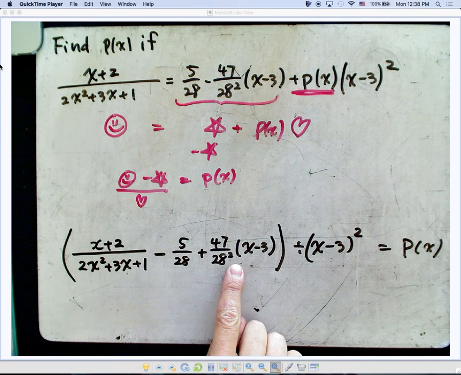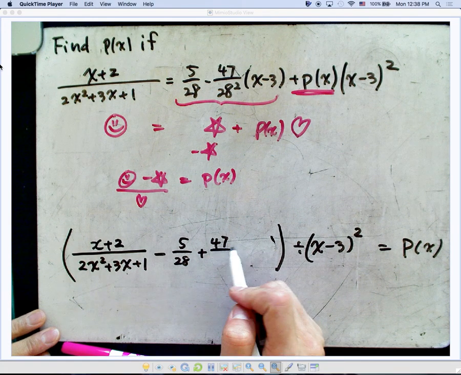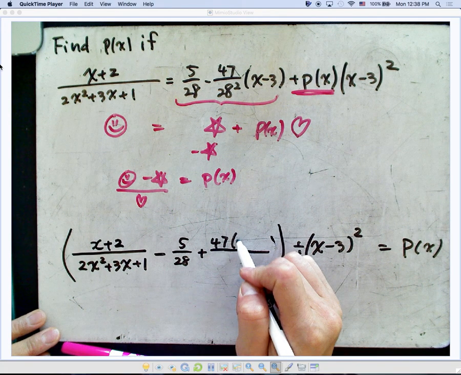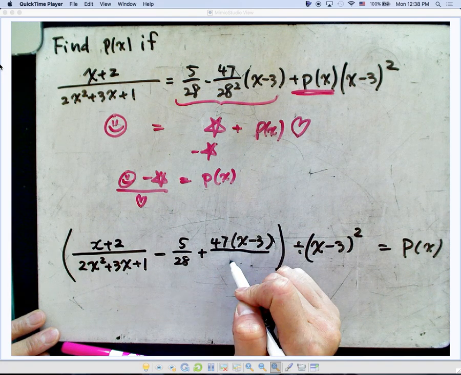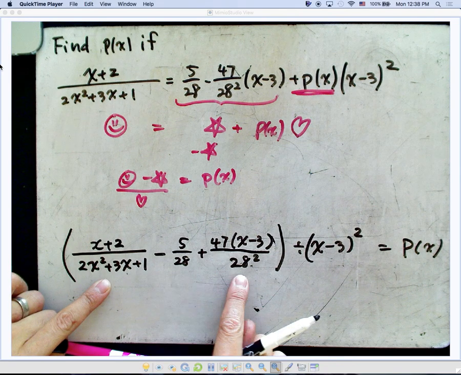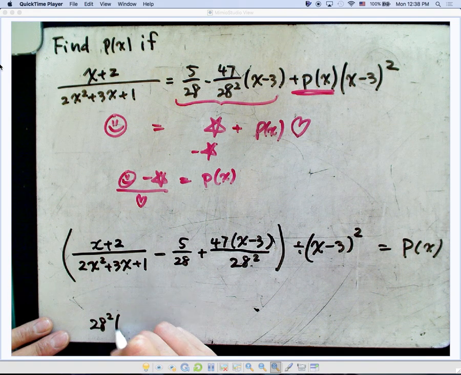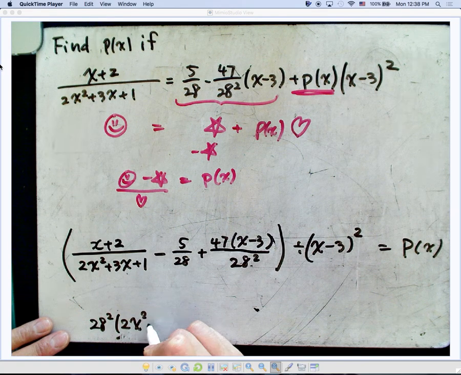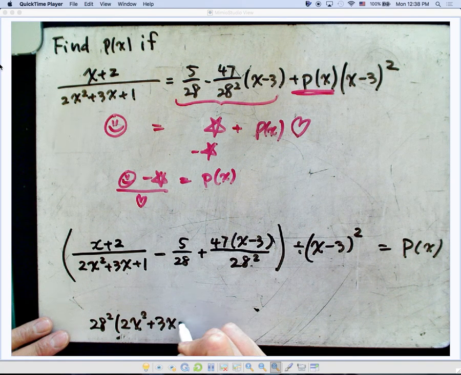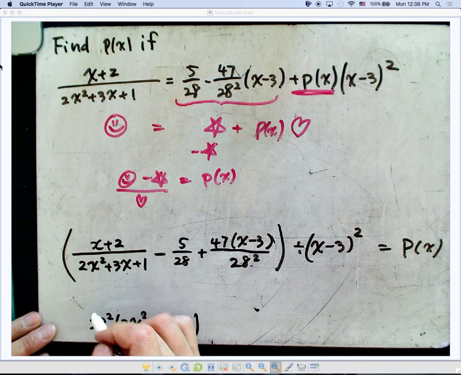I want to make this part a little more fraction-ish. The common denominator of these three is 28² times (2x² + 3x + 1), and that's going to be the denominator.